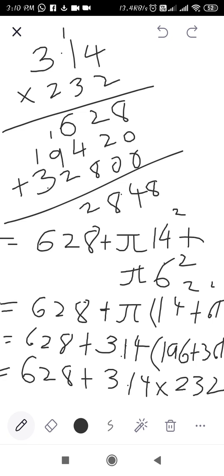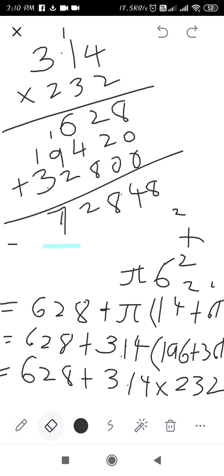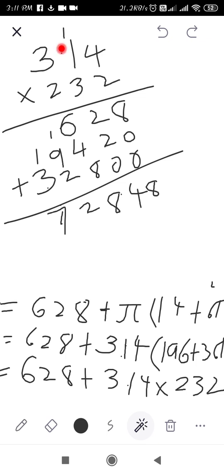3 plus, here it's 4, right? So 3 plus 4, 7. Now you can see the decimal is after 2 digits, so after 2 digits you can easily write the decimal point. So your final answer is 728.48.